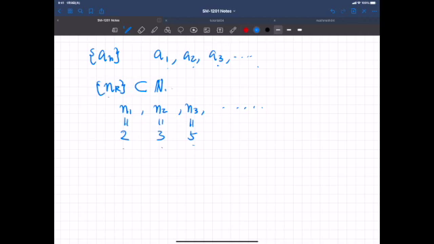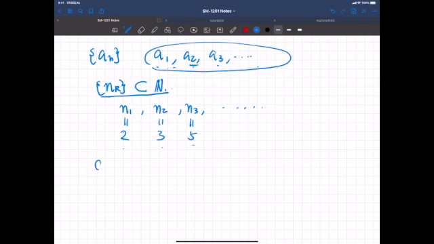Then we can pick the elements of the original sequence whose indices correspond to this sequence of natural numbers.